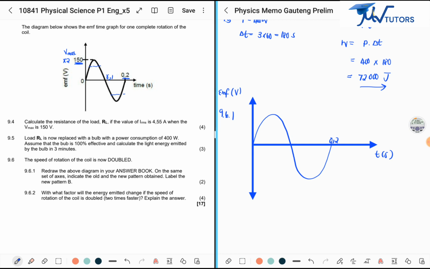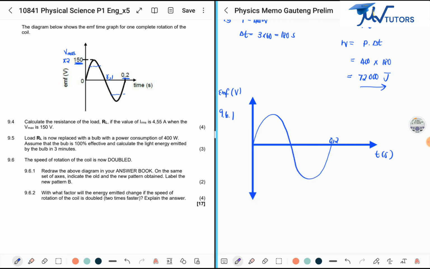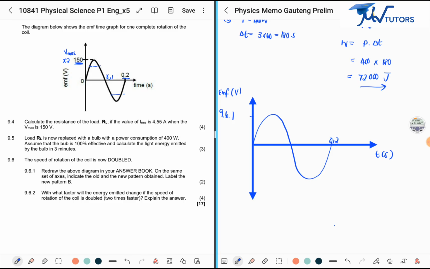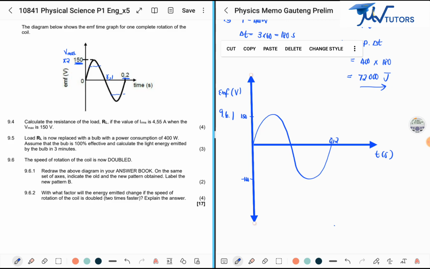Let's use a different colored pen. So what happens, like I said, is your EMF doubles. If this is now 150, and that's negative 150, let me just expand this so that we're not limited.